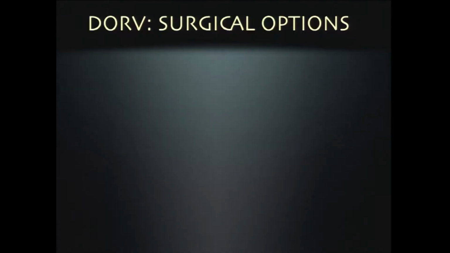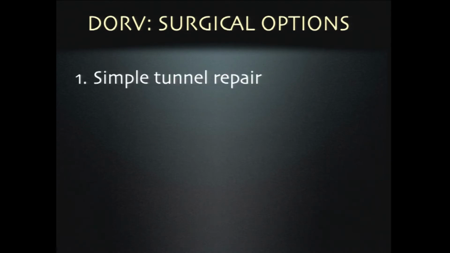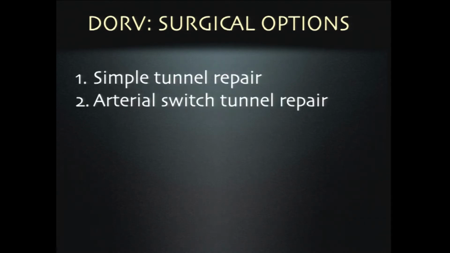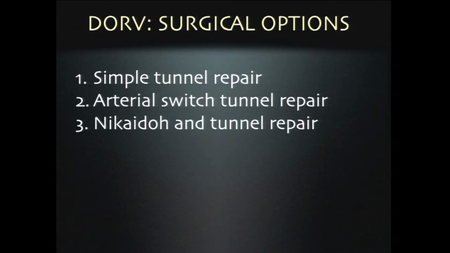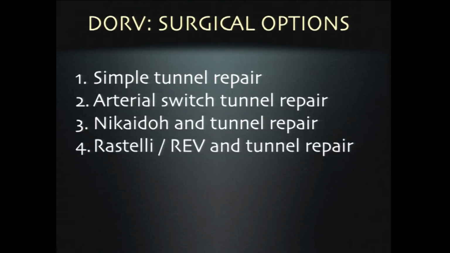So if we think about the surgical options in double outlet right ventricle, the first is a simple tunnel repair. And then the second is tunnel repair with arterial switch operation. And if the arterial switch operation is not feasible, then you can do the Nikaidoh operation with the tunnel, and then the Rastelli or REV operation with tunnel.